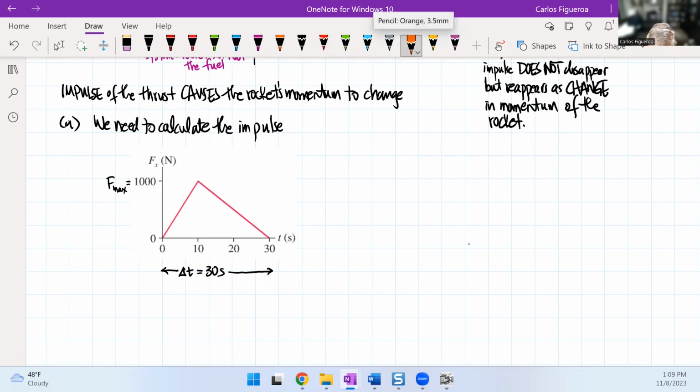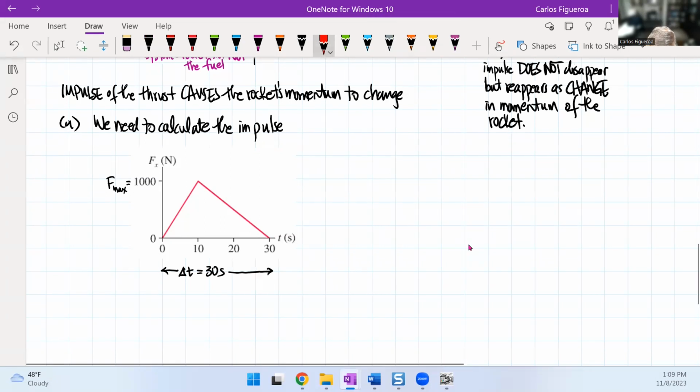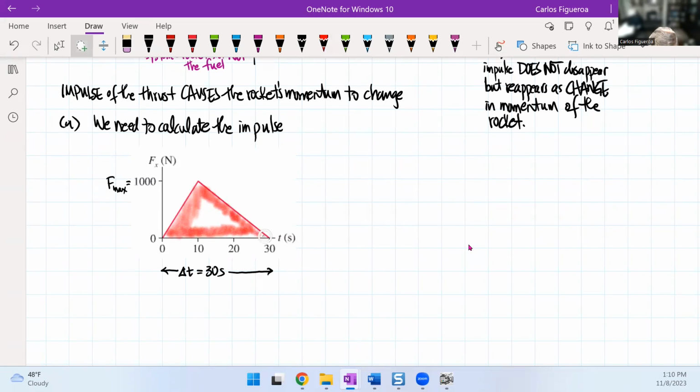So if I now look at this thing, I want the area of this curve, right? This is what I want. I want that area.